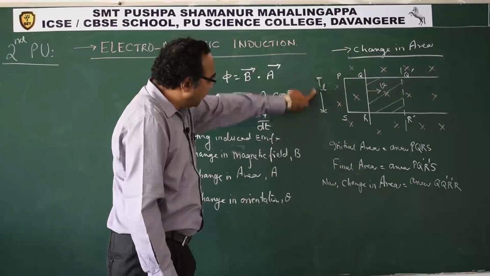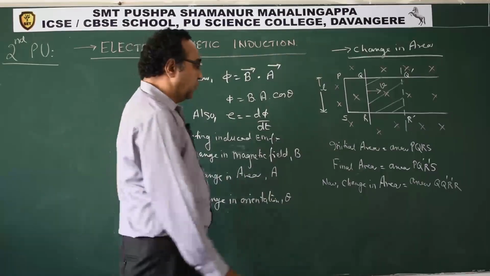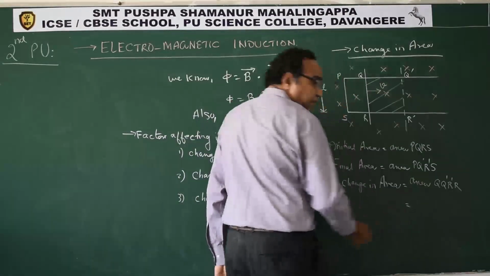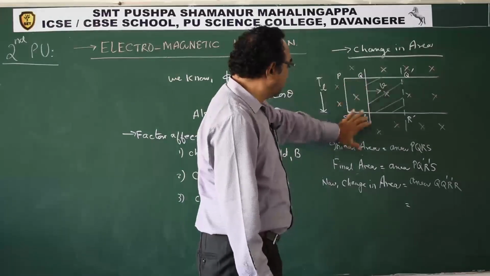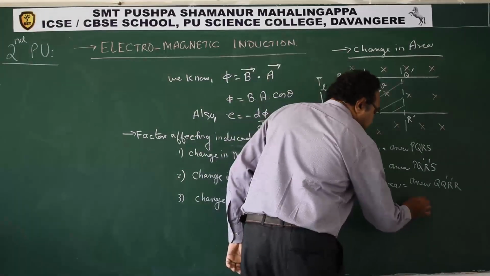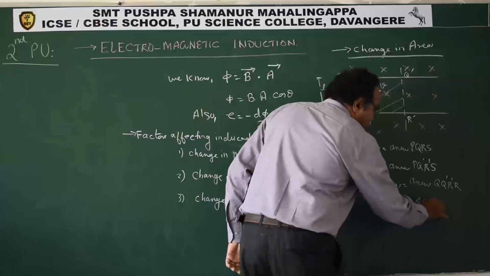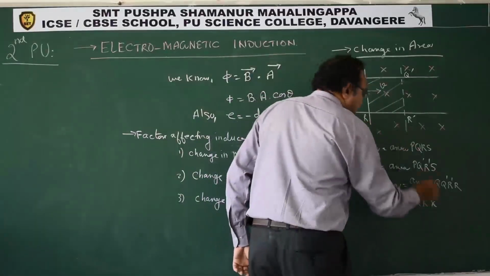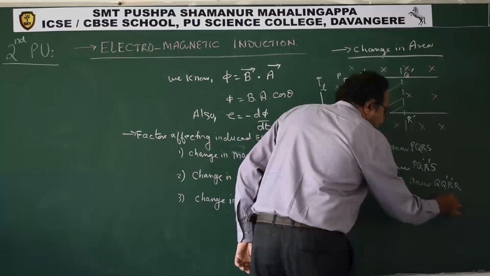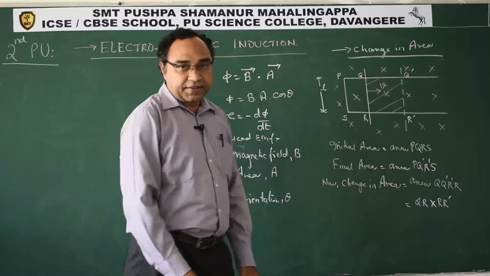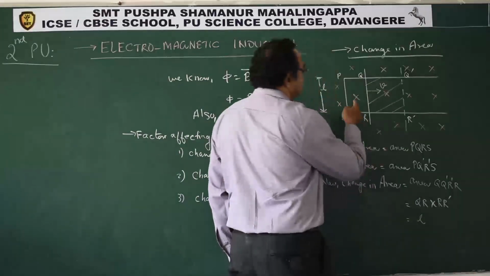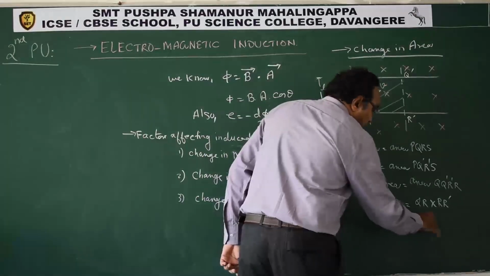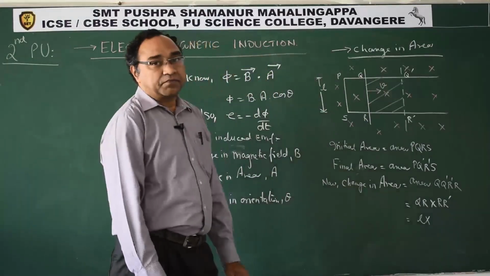If I say this side is L, then this area will be nothing but PS, which is nothing but QR into RR dash. That is the area. So QR is the same as L. What will be RR dash?